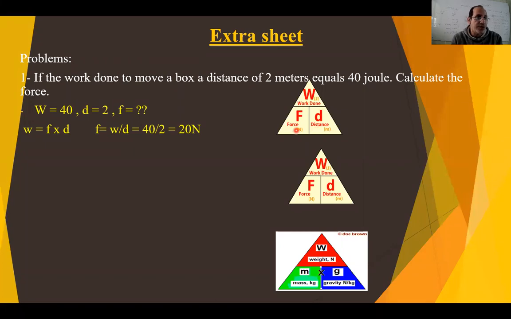We need the force, so we must put our fingers on the force like this to calculate. Then we will find that the force will equal work divided by displacement or distance. So here we have F equals W divided by distance.